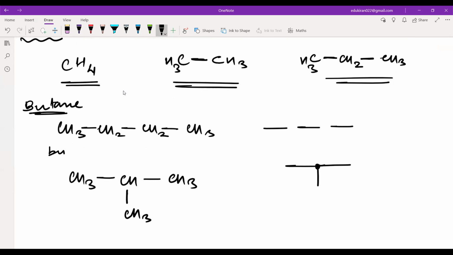So this is butane. And if I want to write the name of this other structure, how many carbons are in the main chain? 3 carbons, and there is one substituent, that is methyl. So this will be 2-methyl propane.